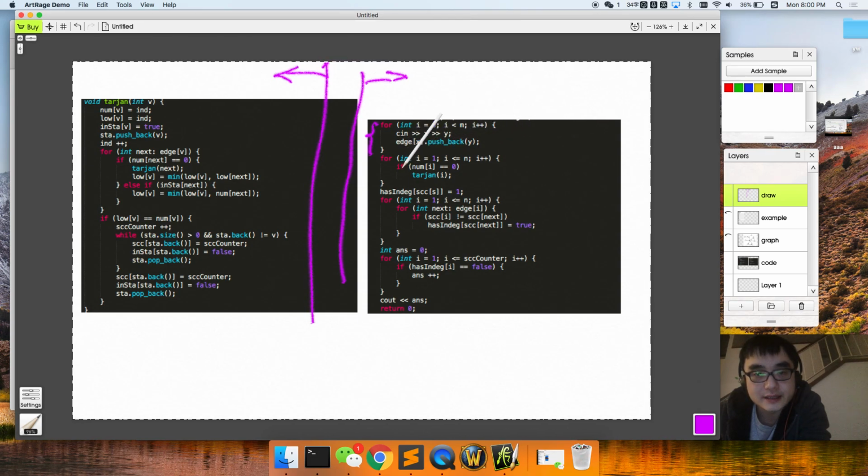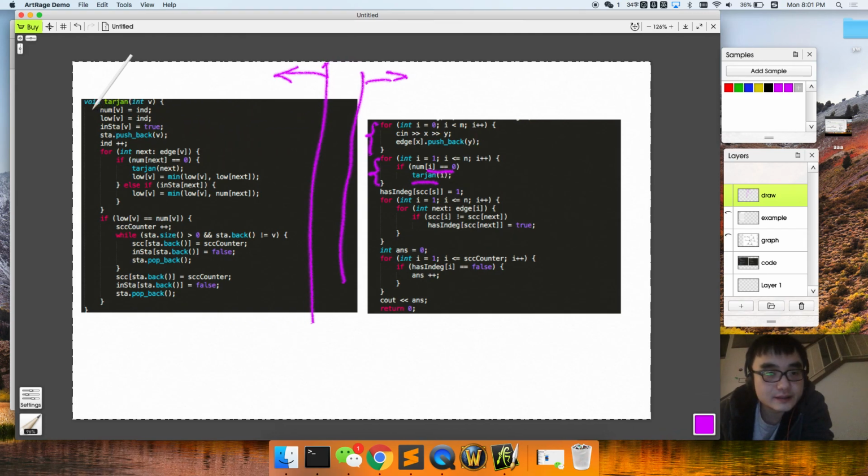And this part is where we run the Tarjan algorithm on each of the nodes. Before we run it, we need to check if it already has a number, because if it has a number, we have already visited it before. We don't need to run it again, right?